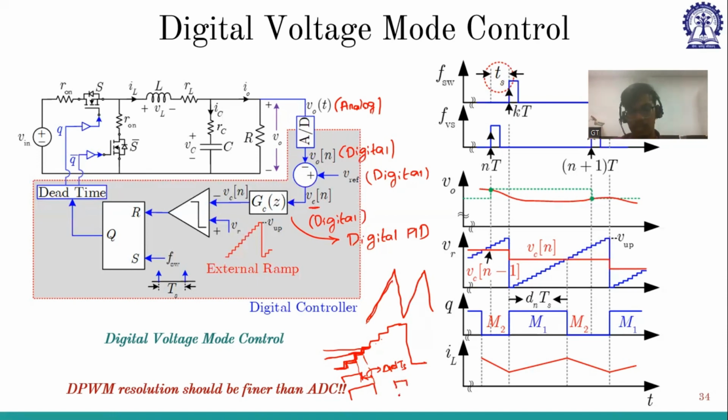Say this is D1 TS, this is D2 TS, and then this is D3 TS. This delta D difference will be there because of digitization, and this will cause some stability issues, which we'll be discussing in the upcoming weeks. So keep in mind this digital counter will have discrete jumps, which will be reflected in the duty ratio as discrete.